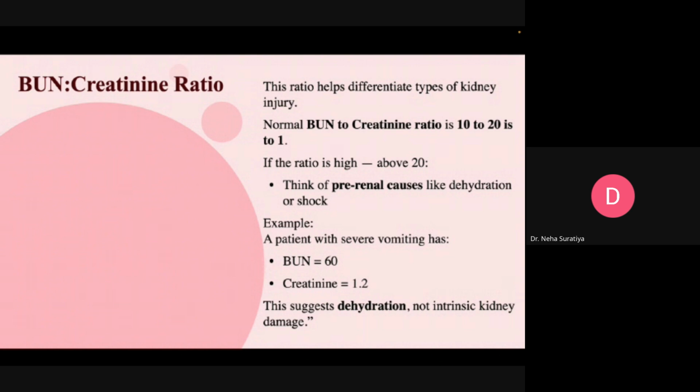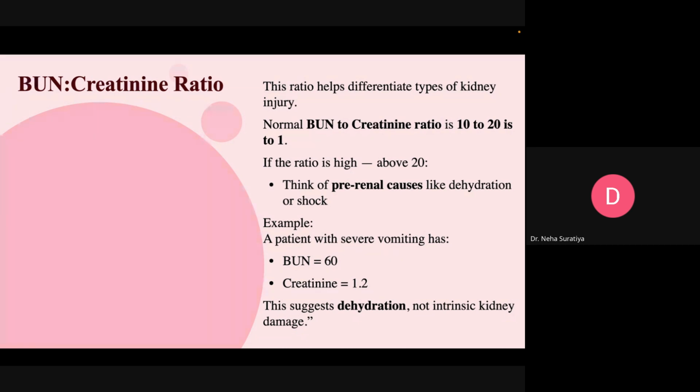If the ratio is high, like above 20, think of pre-renal causes, guys. Think of pre-renal causes, like dehydration or some type of shock, right? We have types of shocks as well. So, an example is also written for better understanding. A patient with severe vomiting has BUN 60 and creatinine 1.2.